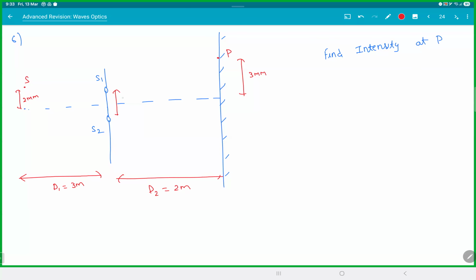You can take this thing as maybe 3 mm. We'll do one thing. Let's take variables only. Small d. Let this be y. Let this be x. Let this be y. D1, D2. Give me the answer in terms of this. Assume x and y are small. If I don't say anything, they're small.